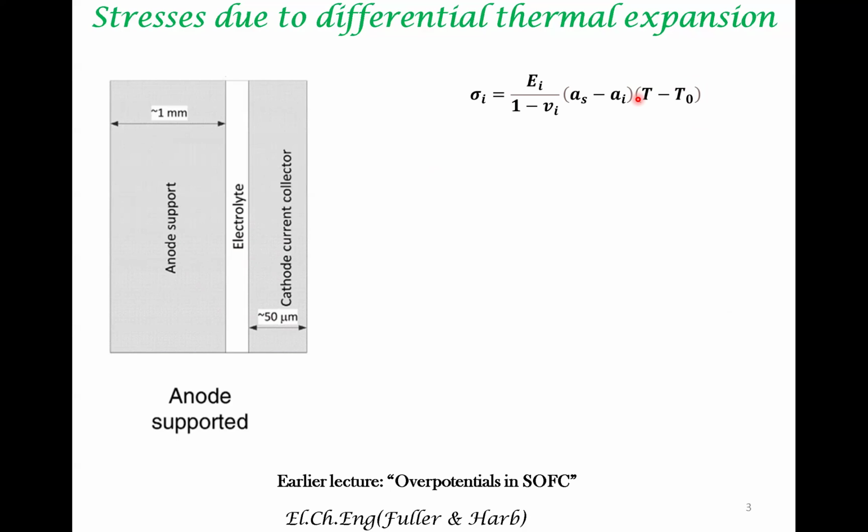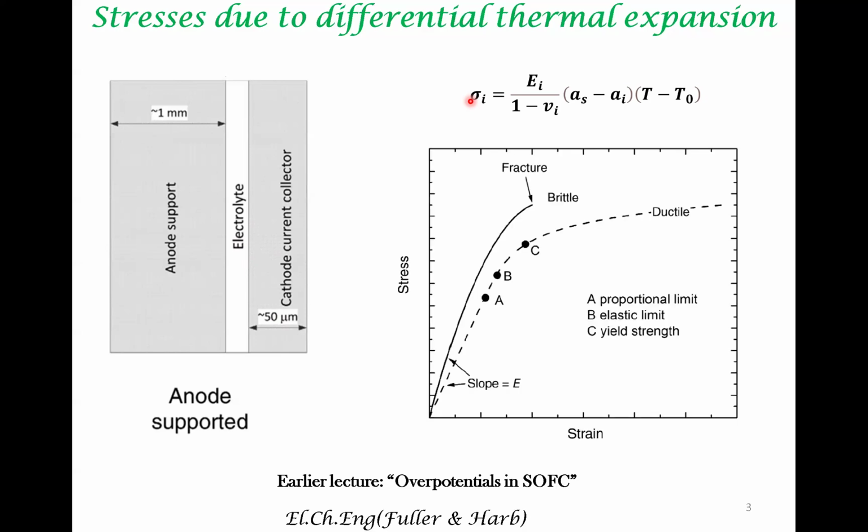The main take home message is that because of differential thermal expansion and because of high temperature of solid oxide fuel cell, stresses are developed in different components of the solid oxide fuel cell. This will have a lot of implications.